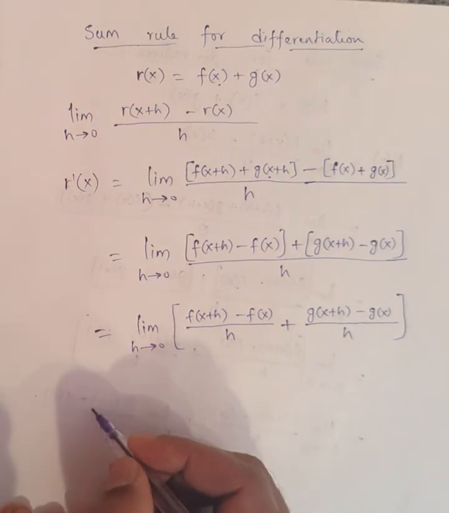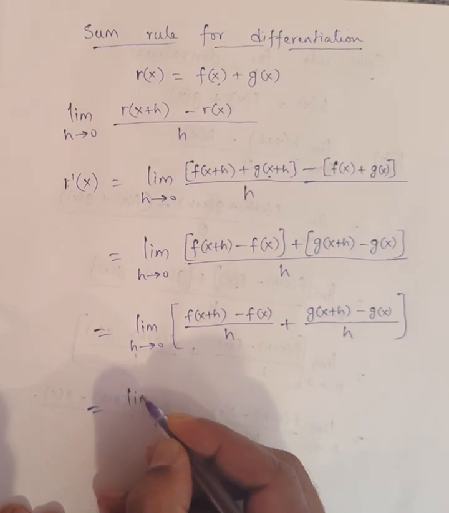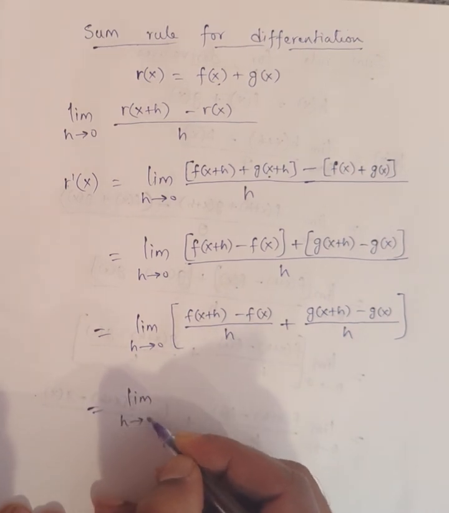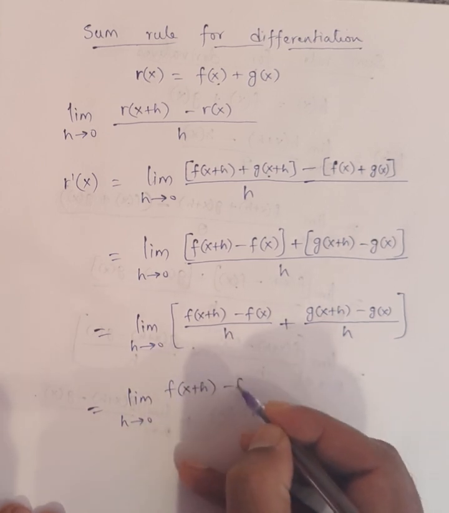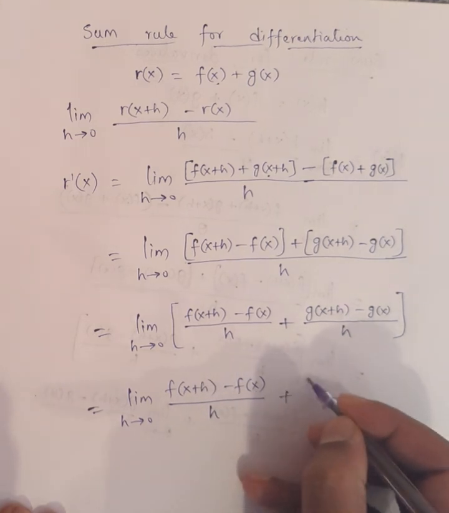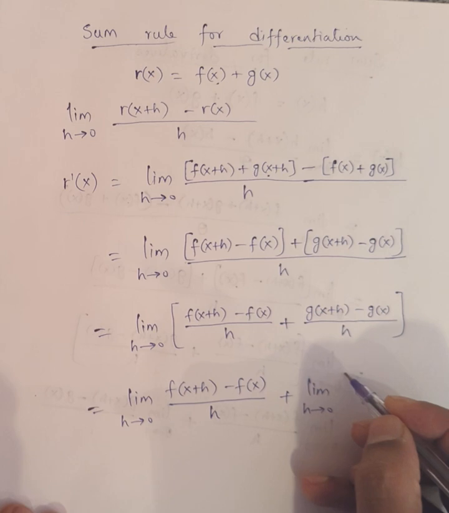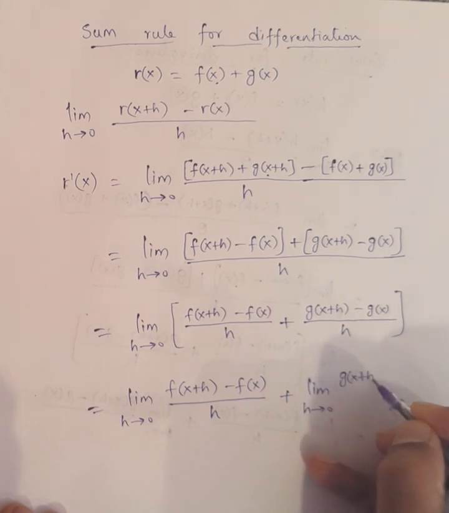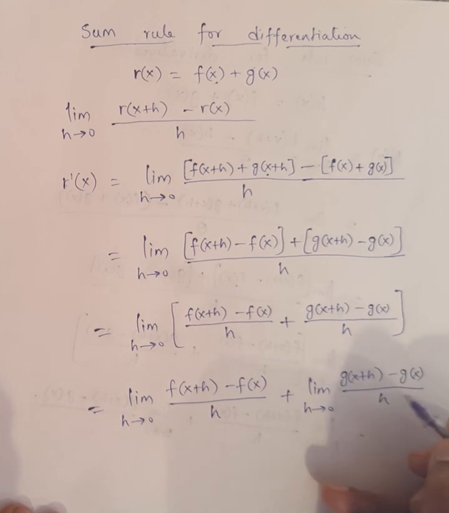And the limit of a sum is the sum of limits. So we can write this as the limit as h approaches 0 of f of x plus h minus f of x over h, plus the limit as h approaches 0 of g of x plus h minus g of x divided by h.